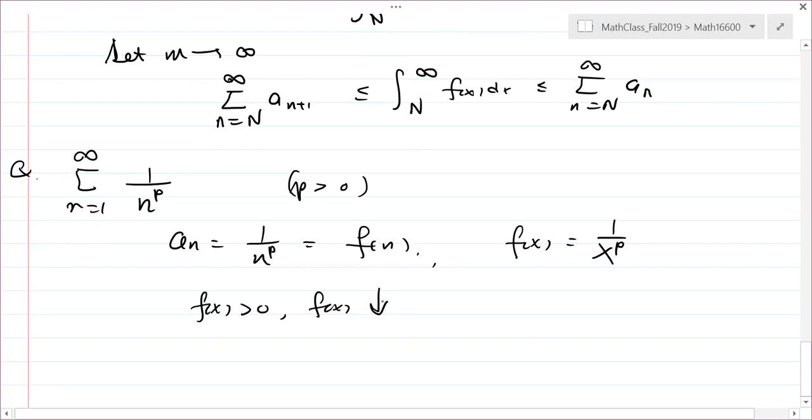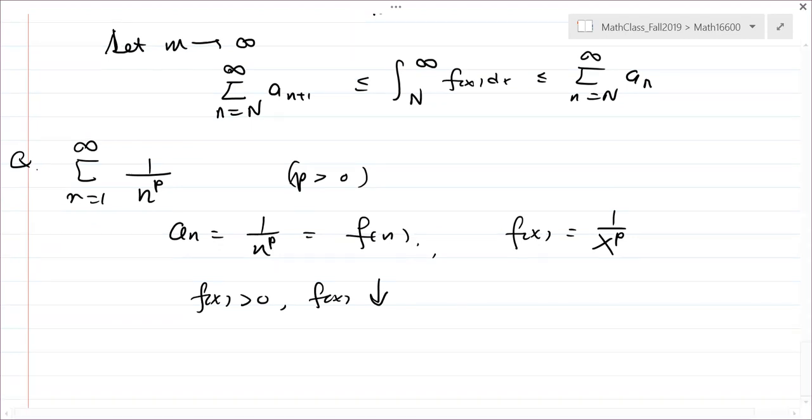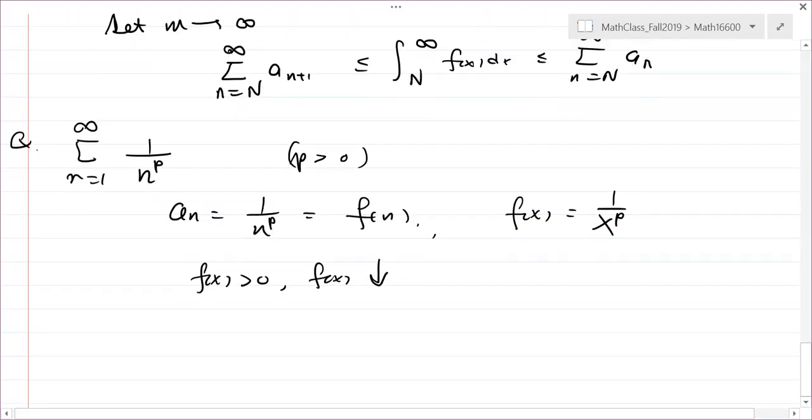So this function meets the requirements in the theorem. Therefore the convergence of those two, the integral and the series, are equivalent.